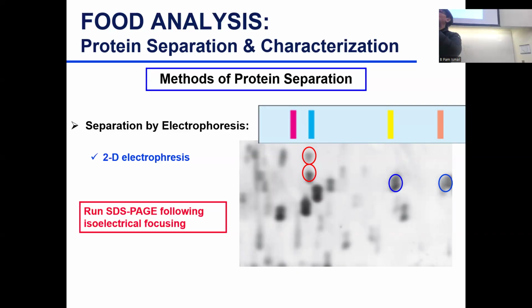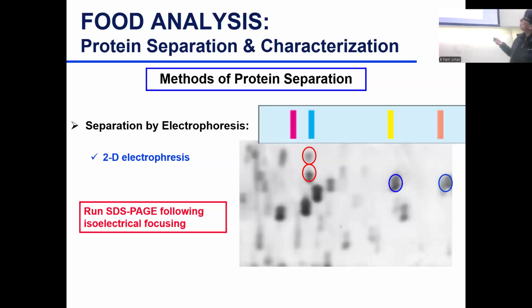So in that well, you slip in that piece of gel that separated the protein based on isoelectric point. Then you run your electrophoresis on a gel to separate by molecular weight. By SDS-PAGE, you separate by molecular weight. Then you get proteins separated on two dimensions, isoelectric point and size.